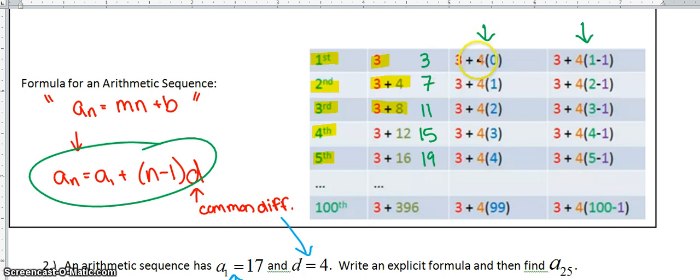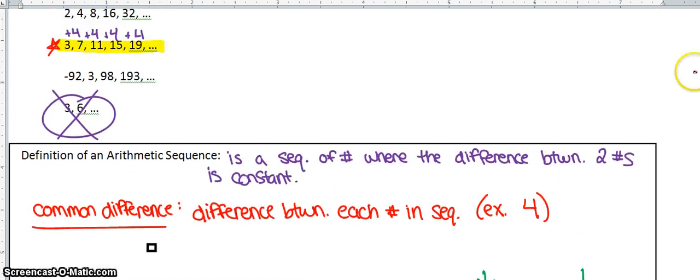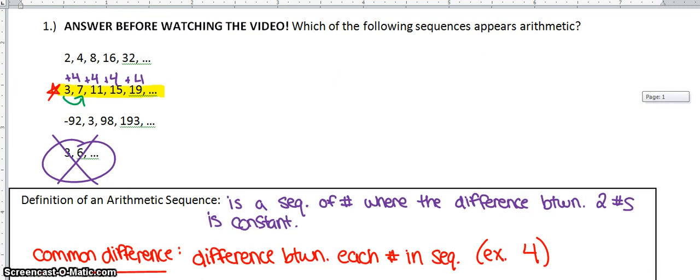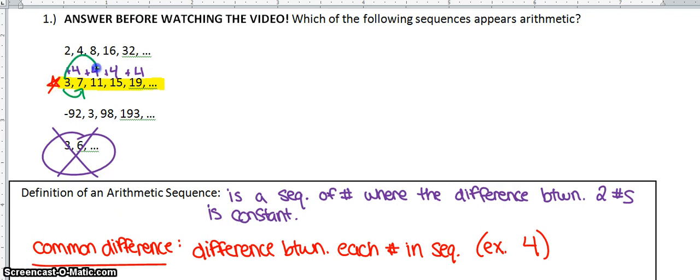Okay, so I start with 3. To get to the first term, I don't want to add any 4 because that's where I'm starting, so I'm going to add 0 4s. But to get to the second term, I only add 1 4. Right, to go from here to here, I just add 1 4. To get to the third term, I have to add 2 4s. You know, 8 is 2 4s. I've added 4 twice, which means to get from 3 to 11, I have to add not 1 4, but 2 4s, because I added 4 here, then I added 4 again.